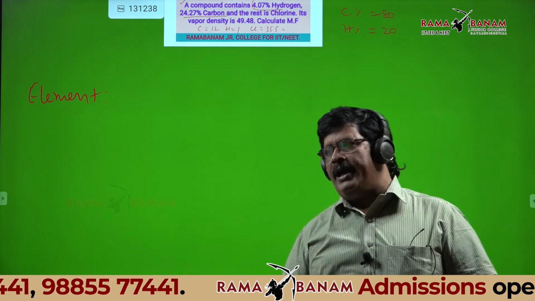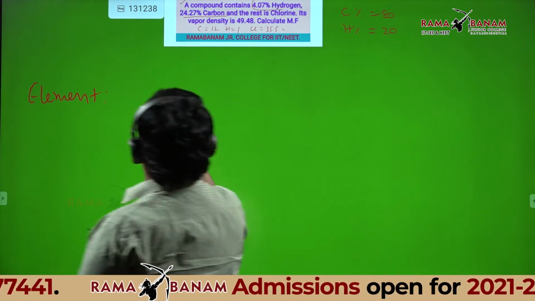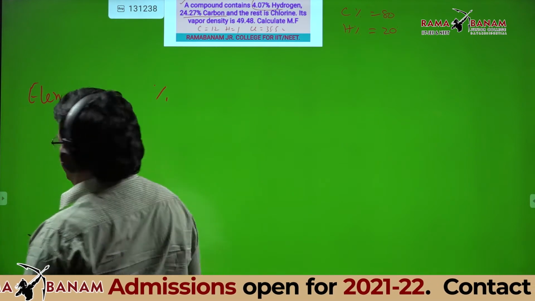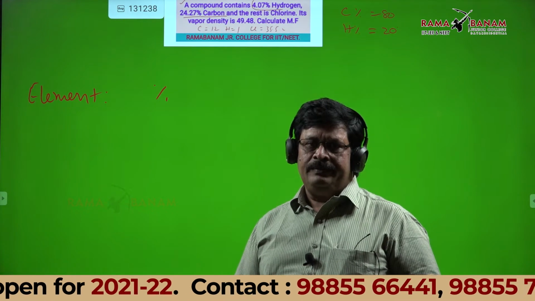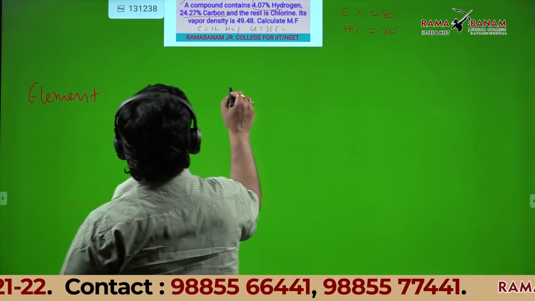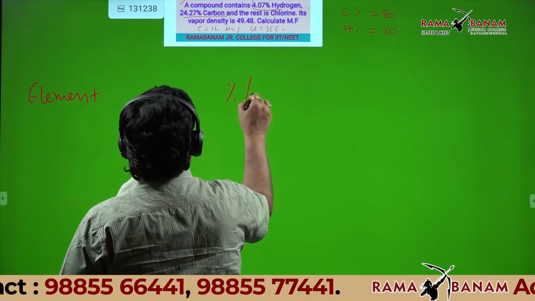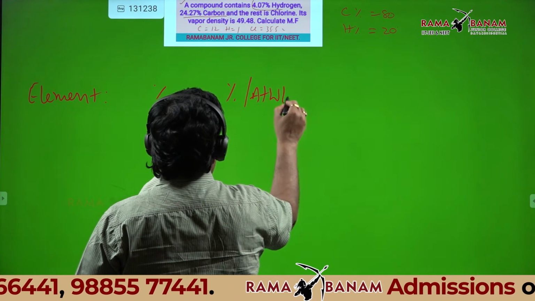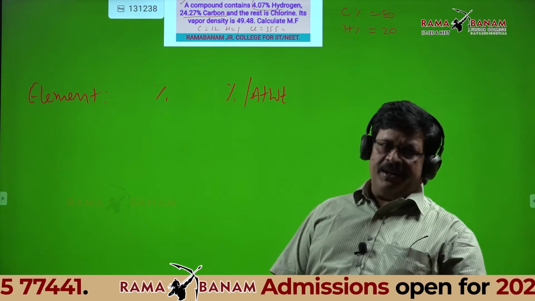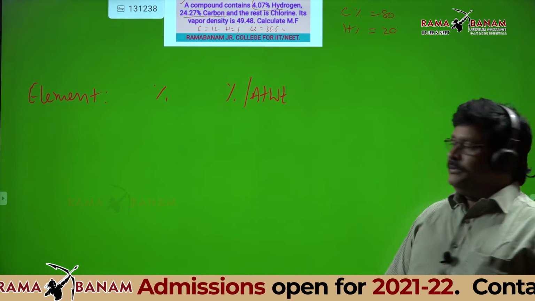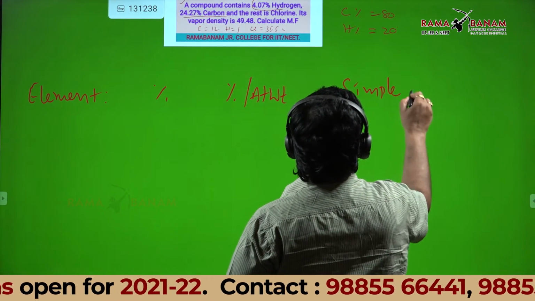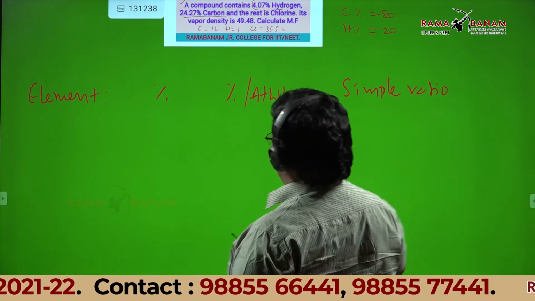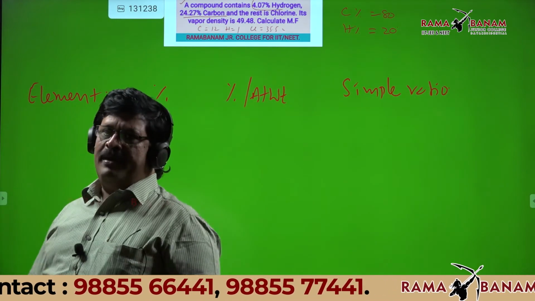In the second column you write the percentages of those elements. The third column is the percentage divided by its atomic weight. And the last column is the simple ratio.